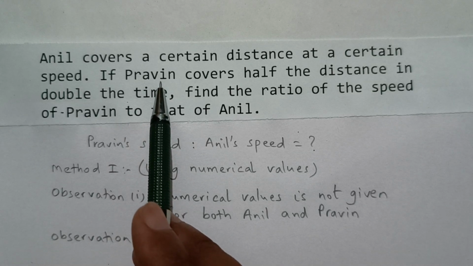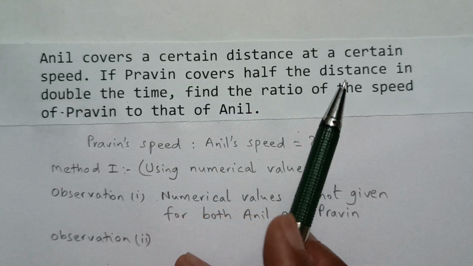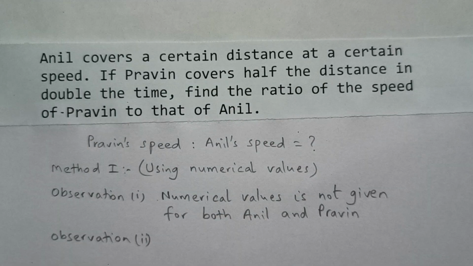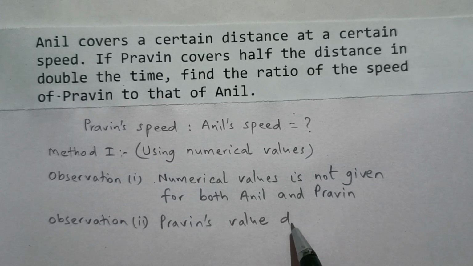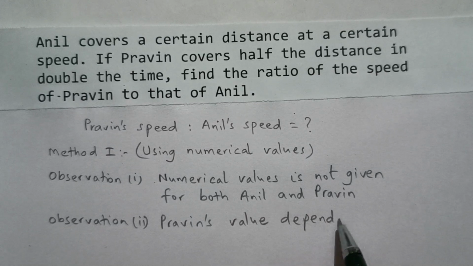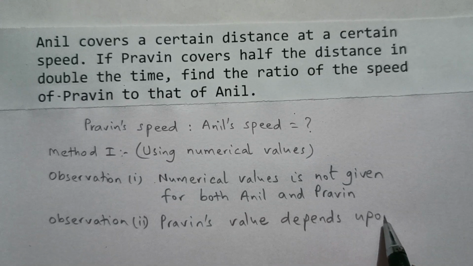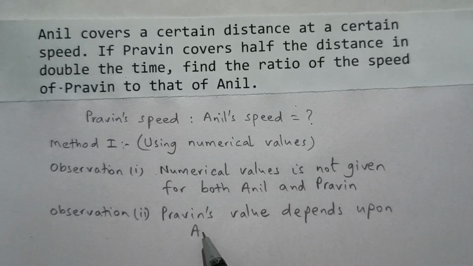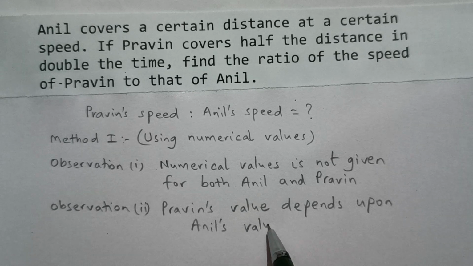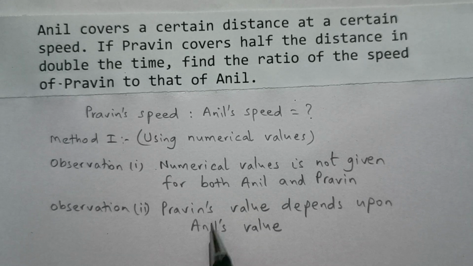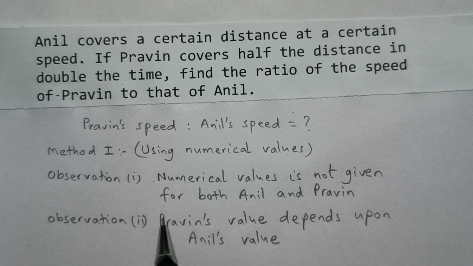Praveen's value depends upon Anil's value. So what do I mean by observation number 2?